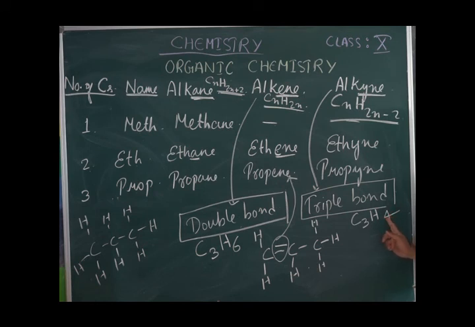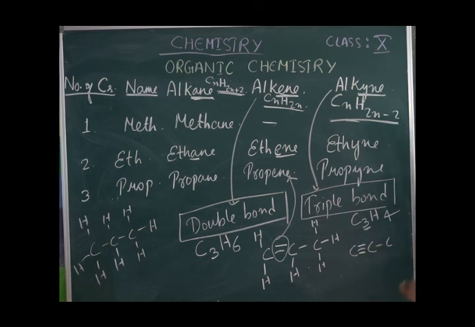So this is alkyne. And in particular, since it has 3 carbon atoms, it is propyne. So let's draw its structure. 1, 2, 3 carbons. 3 carbons done. Propyne should contain a triple bond. So 1, 2, 3 with a triple bond.